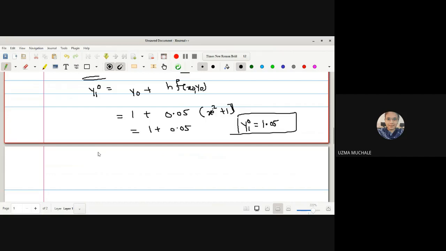Okay. Now we will proceed for the first one, that is when x1 is equal to 0.05. First we will find out the corresponding value of y1 with x1, and then we will find the next one.